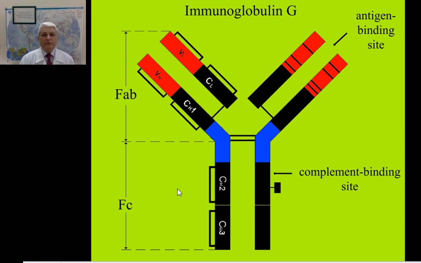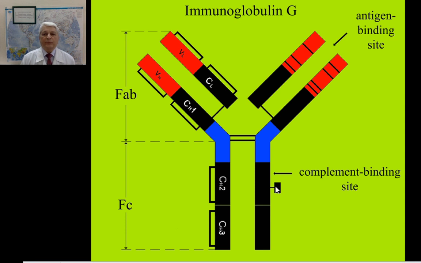For example, when the immunoglobulin molecule interacts with an antigen, for example with molecules on the surface of bacteria, after this the proteins of the complement system, beginning from the first component, interact with the CH2 domain, and then we have activation of the complement system.